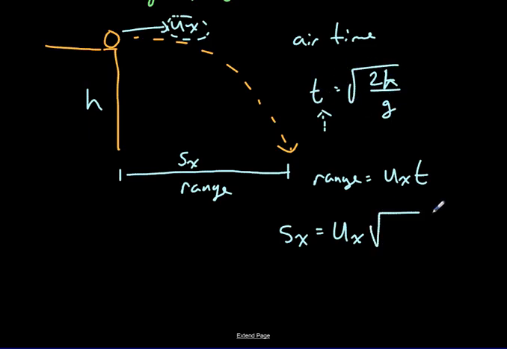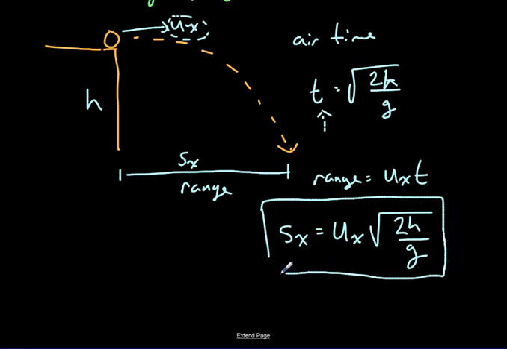So times root 2h, that's the height of this, divided by g. Do you have to do it in one single formula? Not at all. You can find this piecemeal. Find the time first, then do a range formula. Or we can compact it into a new formula. Just totally up to you.